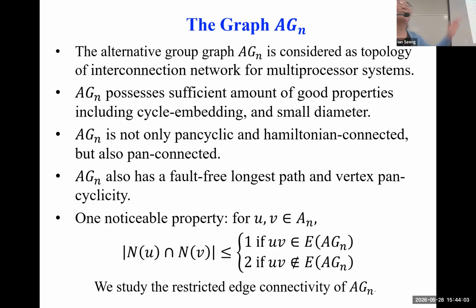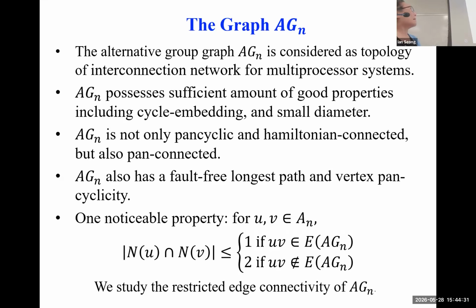If u, v make an edge in the graph, then the two neighbor sets intersect in at most one vertex. And if uv is not an edge, then they intersect in at most 2. Maybe that's a good property when we need to consider the neighbors.